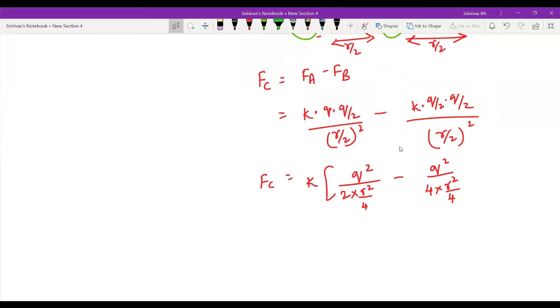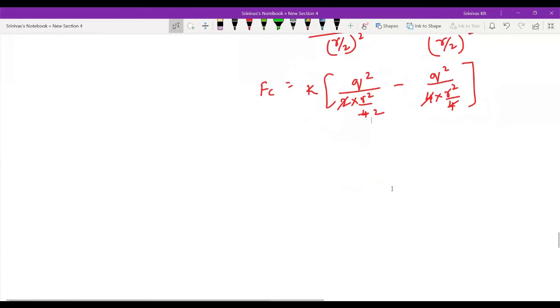Correct? So what happens to this? This becomes, cancel, 2 ones are 2, 2 twos are, this 2 goes to the numerator. So Fc is equal to k into this 2 goes to the numerator.